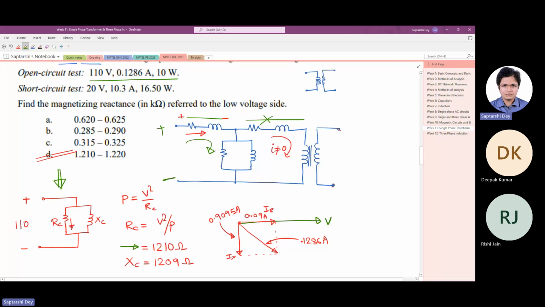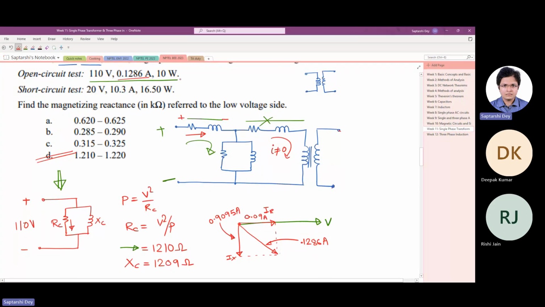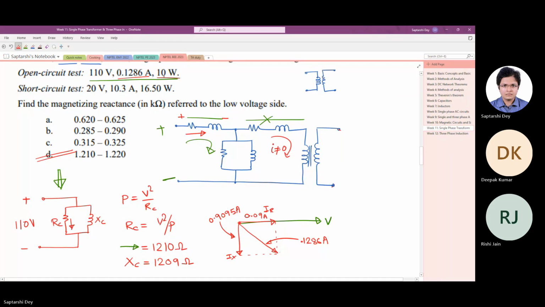The magnetizing impedance is much higher compared to the leakage impedance. That's why we can ignore it. Now we have this circuit. We know that when we apply 110 volt in this circuit, it draws this much current and consumes 10 watt of power. Now, which one is the only element that can consume power here in this circuit?